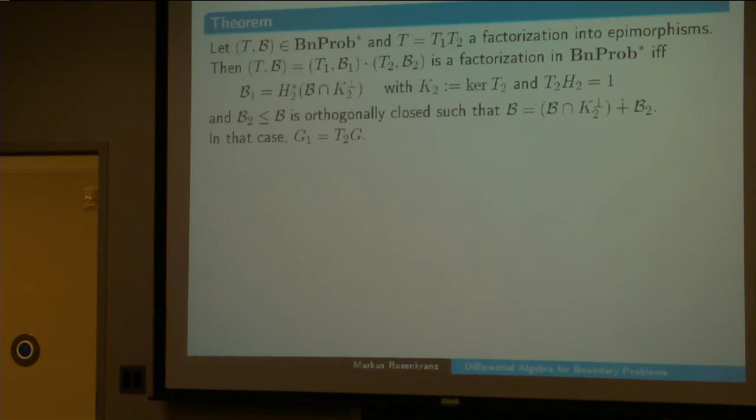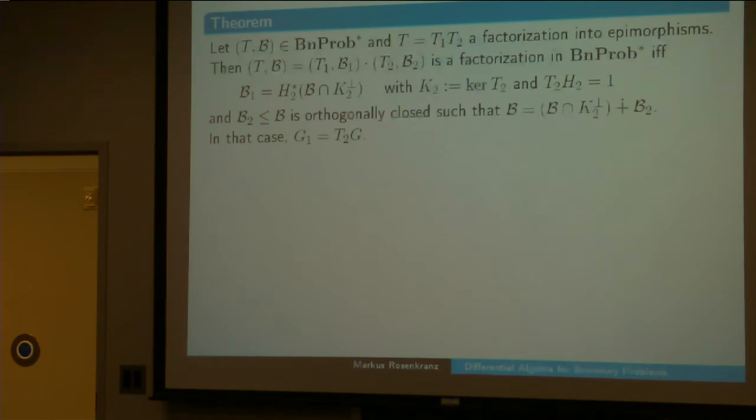But the interesting thing is that the left and the right factor are very different from each other, because the right factor is essentially arbitrary. Because if you look here, the only condition on the right factor is that B2 is an orthogonally closed space, of course, otherwise this wouldn't be a boundary problem in the first place.